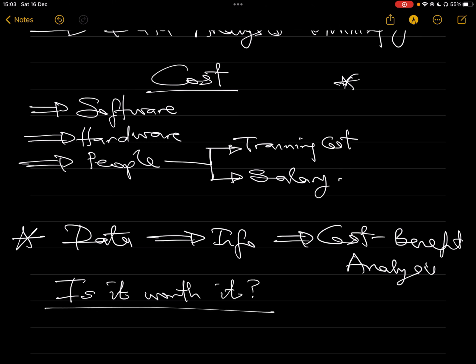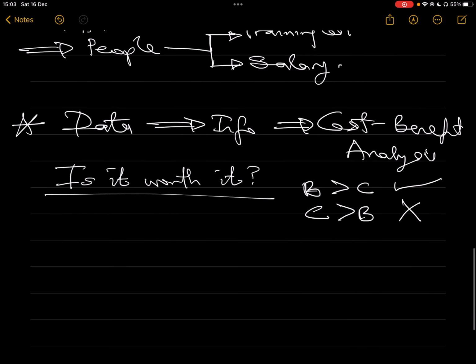If it is worth it, that means benefit is greater than cost, so go ahead and convert that data to information. But if cost is greater than the benefit, then it's not worth it. Then you don't need that information.